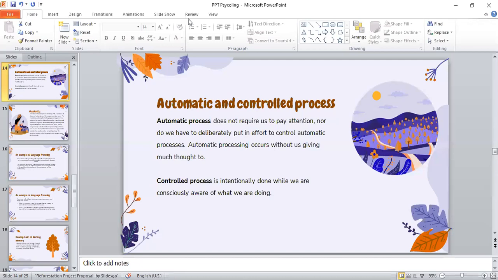Controlled processing is intentionally done while we are consciously aware of what we are doing. For example, as an experienced bike rider, you may be able to do many bike riding tasks.